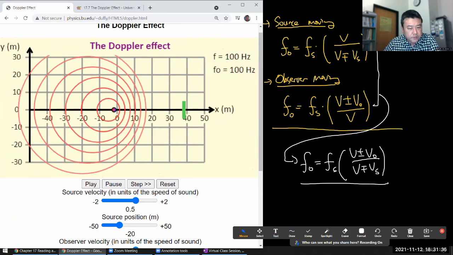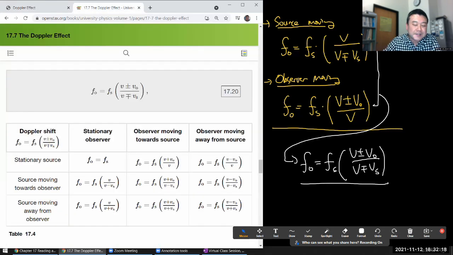The source is moving towards the observer, so it's a minus sign for the denominator. And the observer is moving away from the source, so it's also a minus sign for the numerator. So these factors cancel out, and the source and observer frequencies are the same. So let me just leave that there.